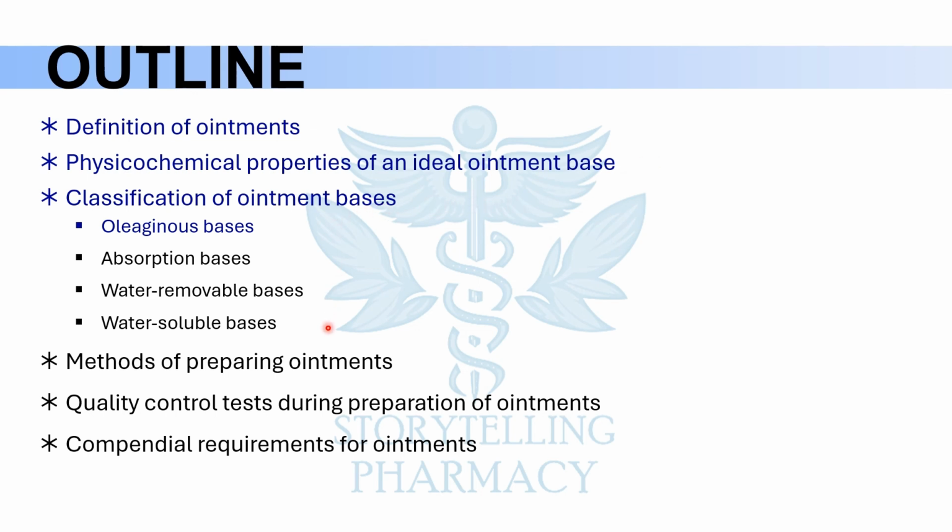We have 4 main types: oleaginous bases, absorption bases, water-removable bases, and water-soluble bases. Then we're going to talk about methods of preparing ointments, quality control tests of ointments, and compendial requirements for ointments.